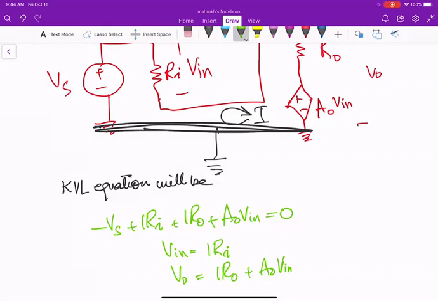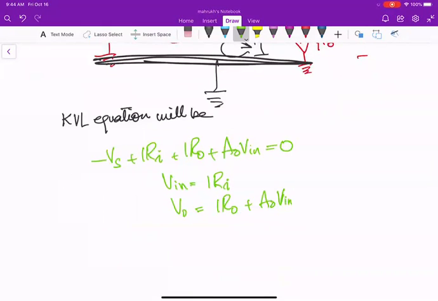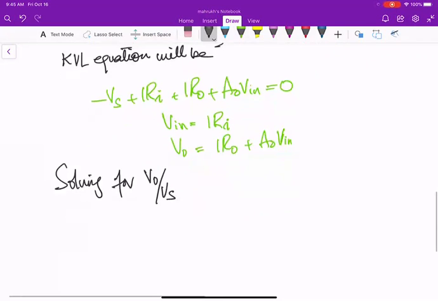Okay. So I want to solve for gain, right? Because in op-amp, the most important thing is the gain. So I will say solving for V naught by Vs. I will try to find the equation in which I can find V naught by Vs. For that, I want to simplify this equation first.